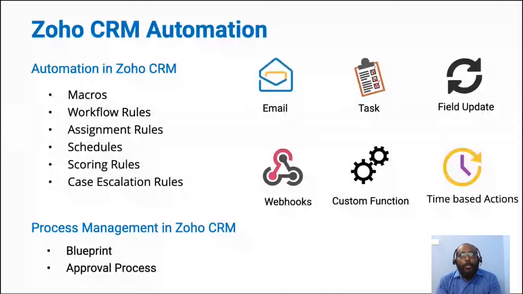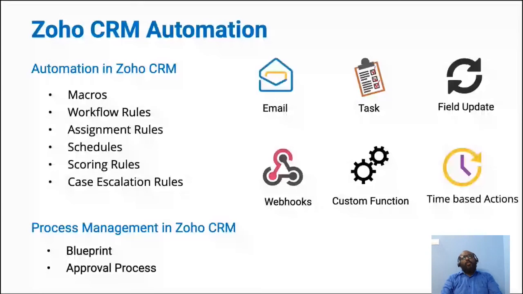We have a lot of new features, which are under testing phase, and we have already implemented them in a few partner accounts as well as in customer accounts. So these are the automation parts we have in CRM.